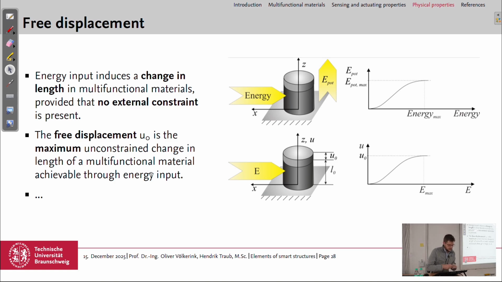So we have here this electrical transducer, and here its original length L0, and then if we increase the potential energy by supplying, for example, electric energy through an electrical field, then this transducer will extend by U0, which is shown here, so it elongates quite a bit, and we have no external constraints.